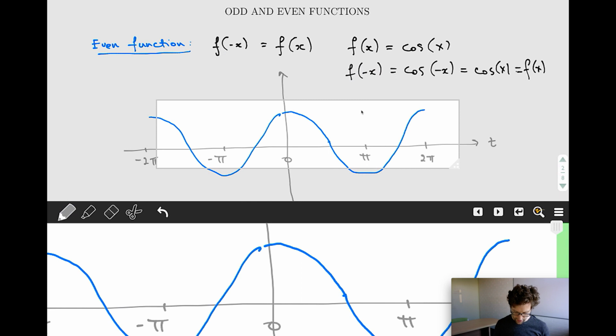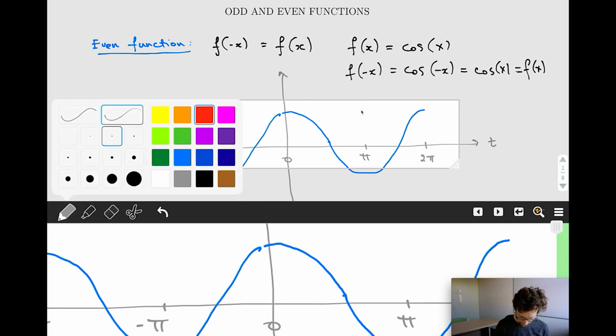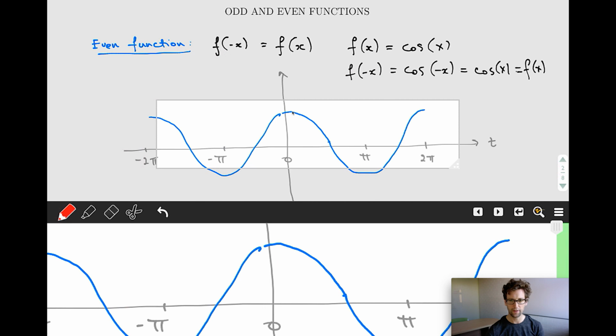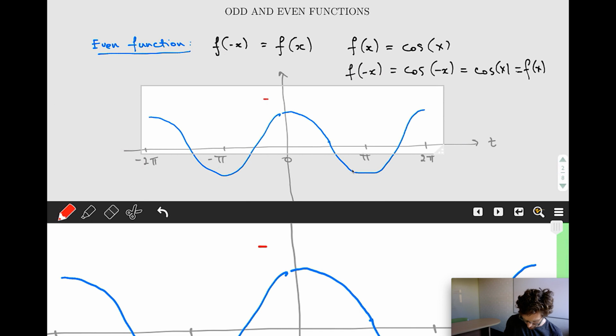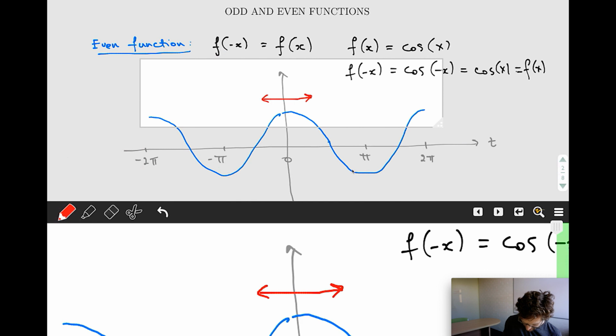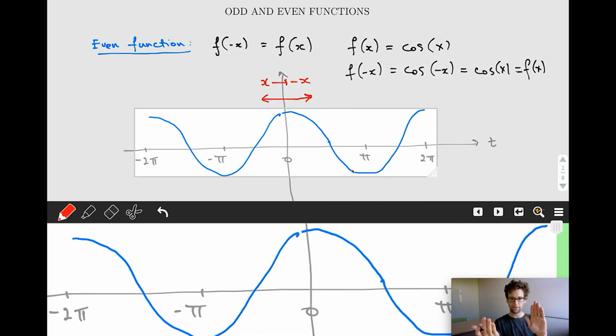Okay, so we notice here that if I was to take my function cosine of x and replace x everywhere with minus x, what does that actually mean? Well, replacing x with minus x means that my whole function here is just going to be like a mirror image. It's going to flip left to right. I'm going to represent that as an arrow here. This means that x is going to be replaced with minus x. So you can see that if I was to flip my whole function around, I actually get the same function.